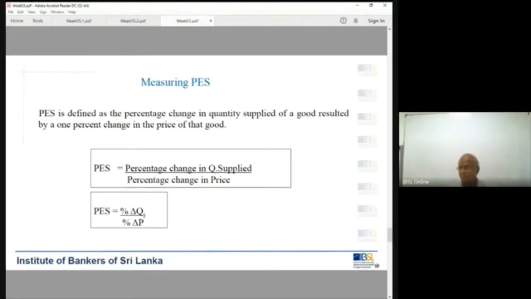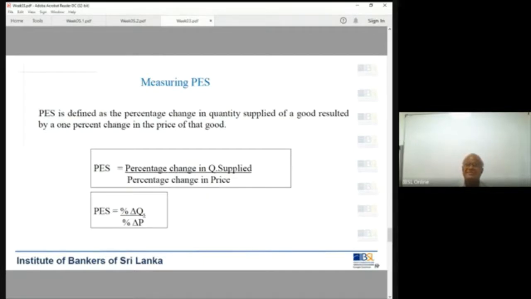Earlier measures used quantity demanded. Of course, other factors are held constant. According to our notation, percentage delta stands for the change. These days, when you say delta, you are reminded of the COVID variant delta. Percentage change in quantity supplied divided by percentage change in the price.